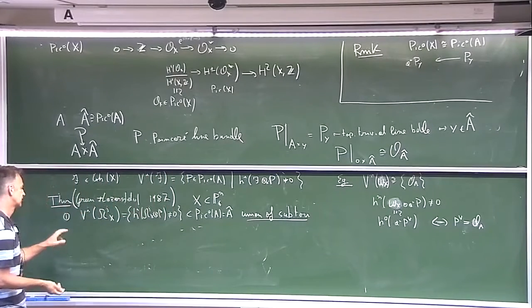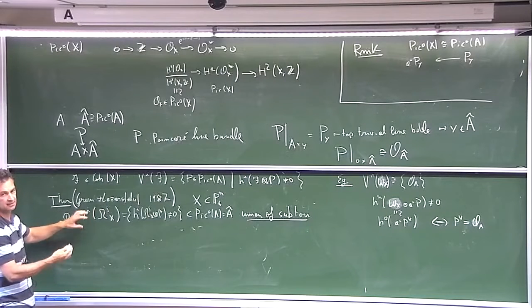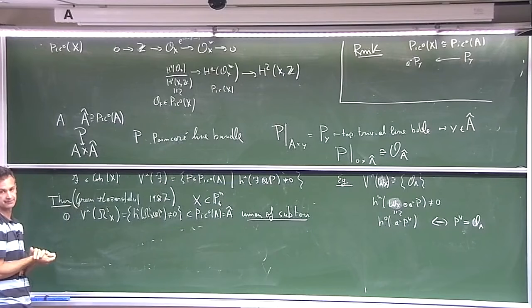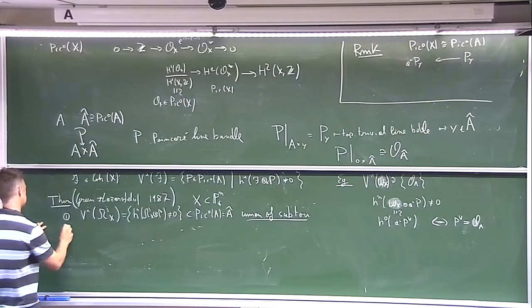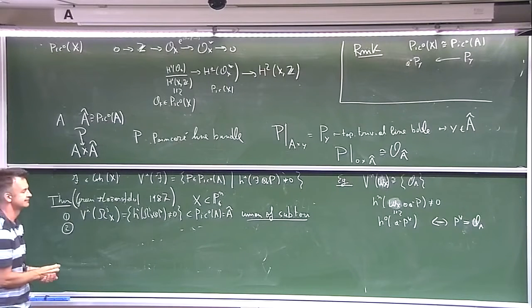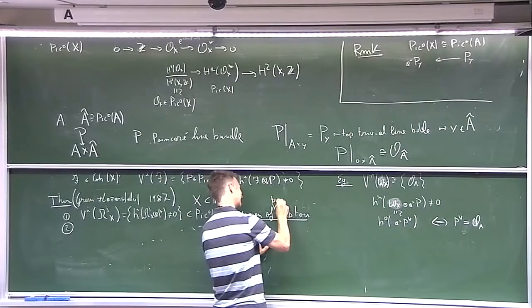Okay, so a priori, this is just a closed subset of A hat, and we're saying that it has a very special structure. It's linear. It's just subtori. The second, no, translates. Thank you very much.